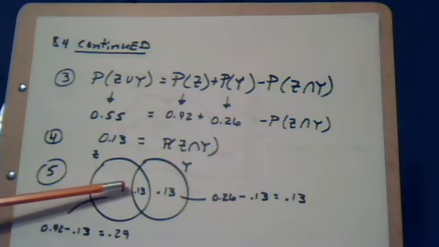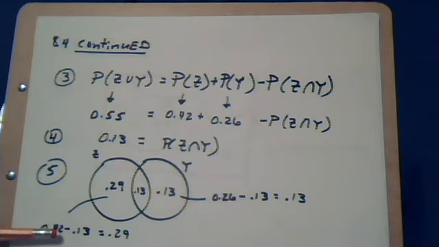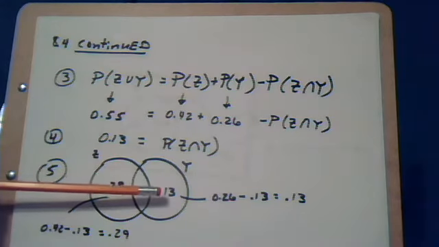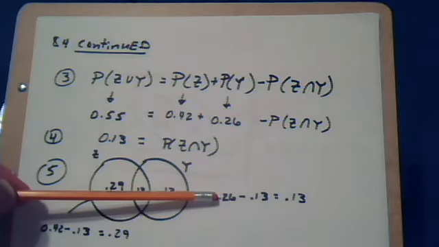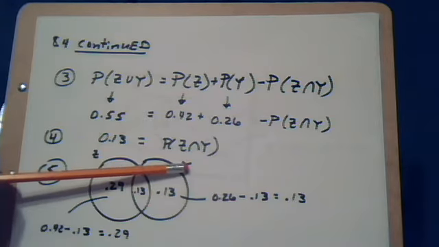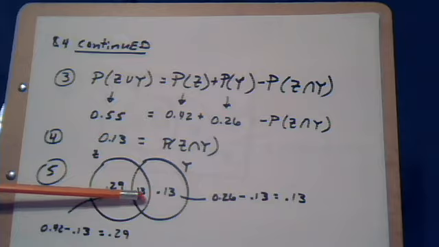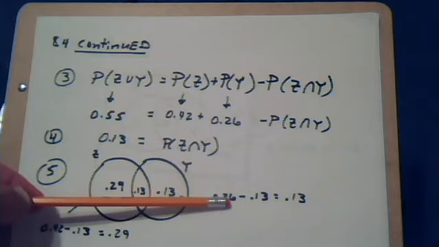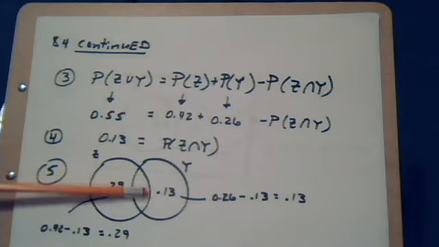Together, 0.29 plus 0.13 should give you 0.42. You do the same with this one. They gave us 0.26 for the probability of Y, and we know the intersection of Z and Y. So to get this region, take 0.26, what they gave us, subtract the overlap, and that will give you this region.